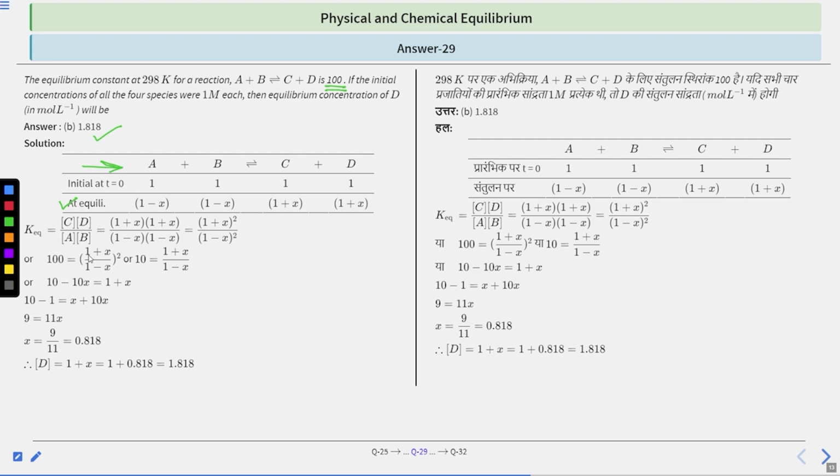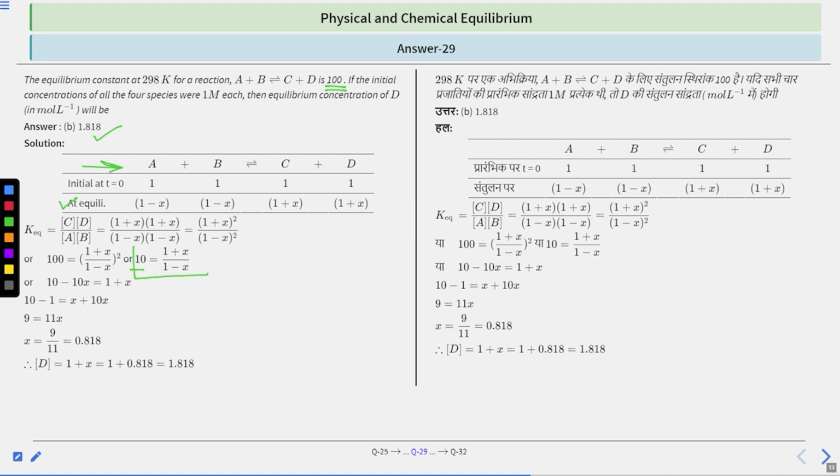So we reduce it into the simpler form: 10 is equal to 1 plus x divided by 1 minus x.